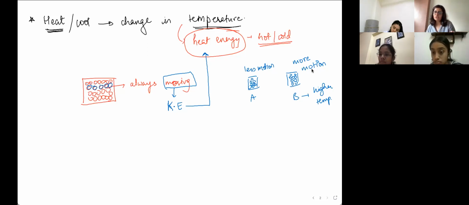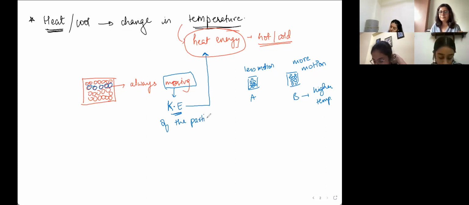So more motion means more kinetic energy, more kinetic energy means more heat energy, and heat energy is what temperature measures. So more heat energy means higher temperature. Kinetic energy leads to heat energy. When we talk about heat energy of an object, it is the kinetic energy of all the particles. The kinetic energy of the body is completely different. That's not what you're considering.